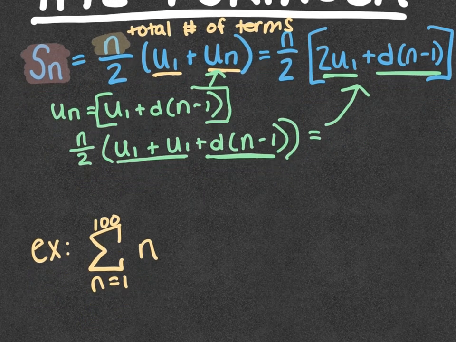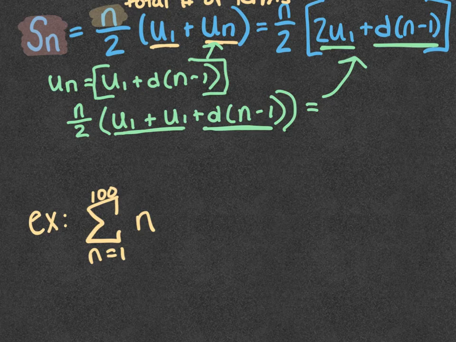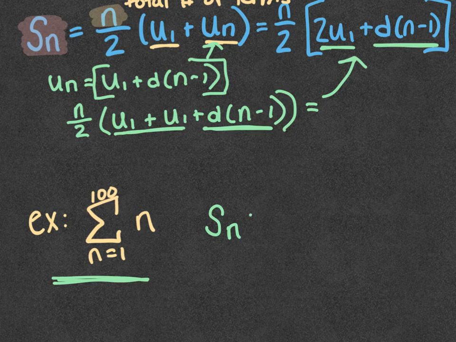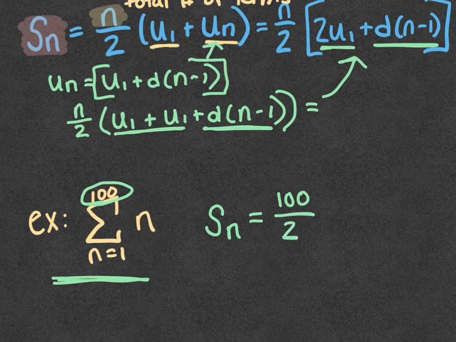So in the previous page, we talked about this series right here, and we came up with our answer. But let's go ahead and just jump right into the formula now. If I wanted to find the sum, S sub n would be, there's 100 total terms, so 100 over 2. My first term I get by plugging in 1, so my first term would be 1.